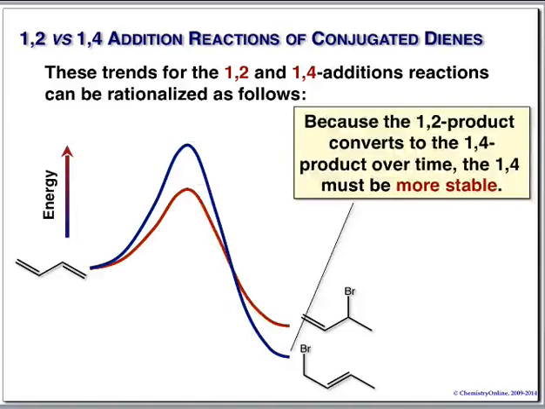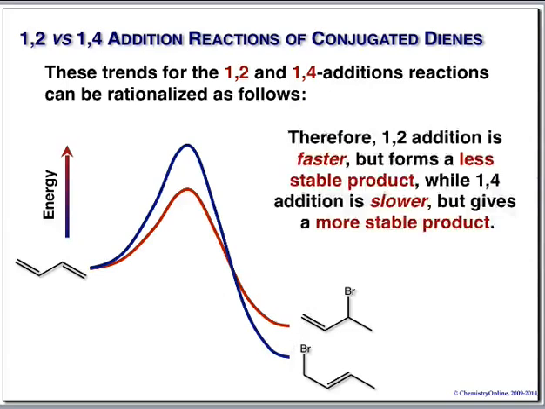This is faster, but this is more stable. This is how you use reaction coordinates to explain the dynamics and the product distribution. And again, if you really wanted to make 1,2, this would tell you you want to do it cold and fast. If you want to make 1,4, warm it up, let it sit. 1,2 is faster, 1,4 is more stable.